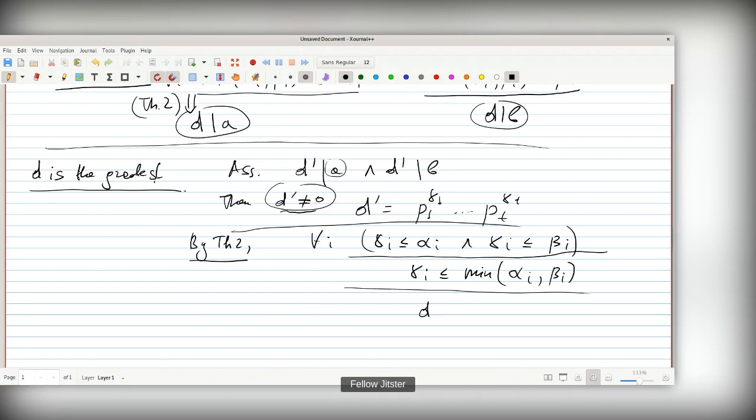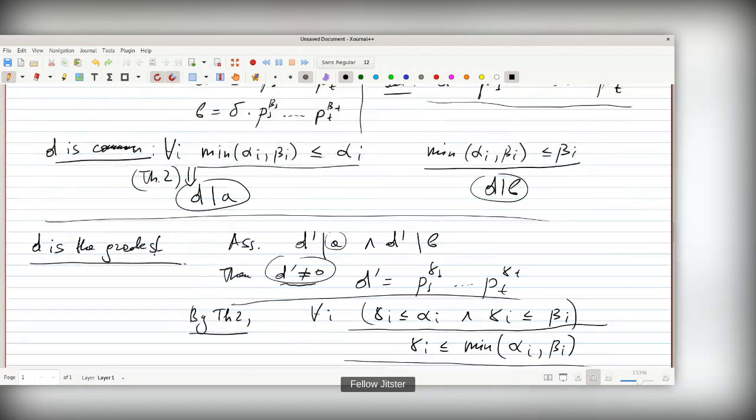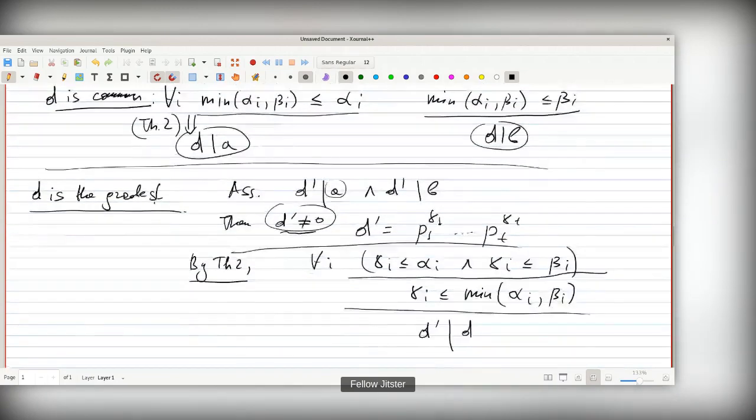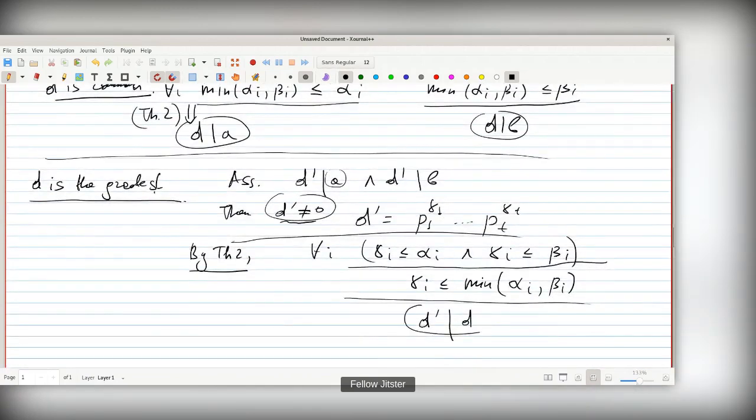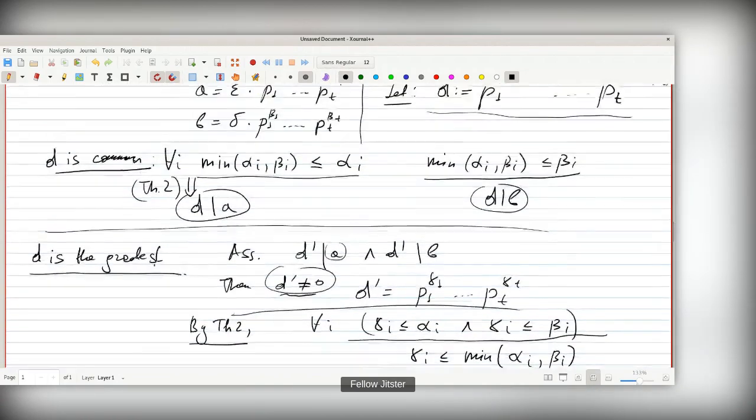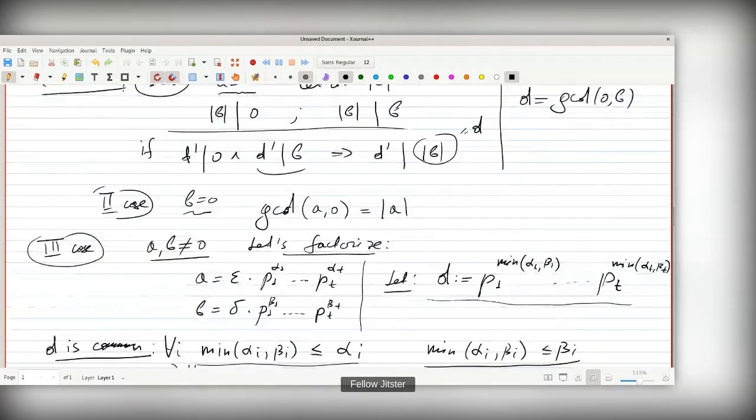So that means that D prime divides our D.